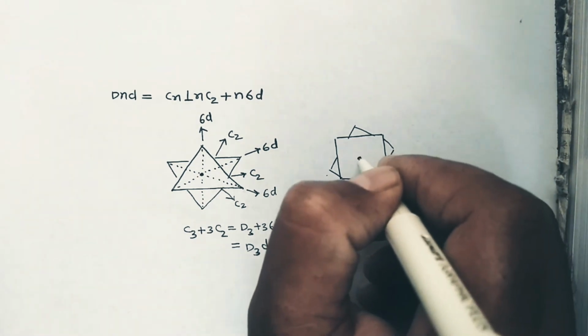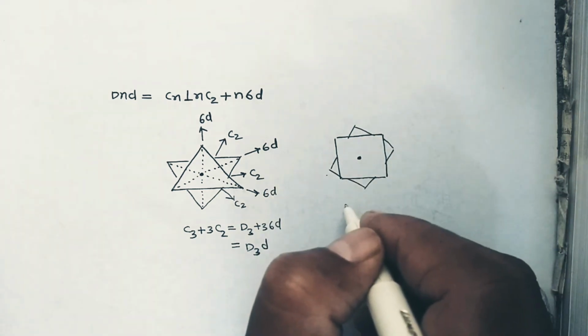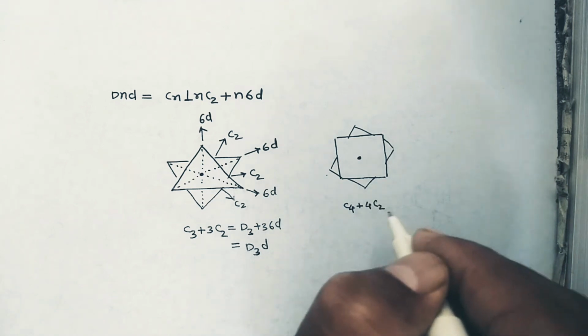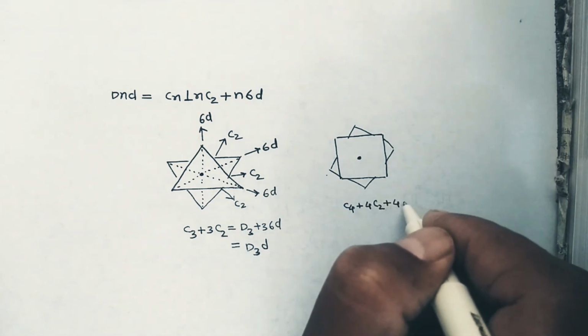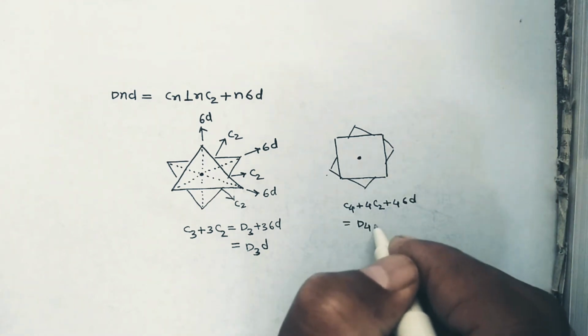So this is the center of gravity point and there are 4 C4 axis plus 4 C2 axis plus 4 sigma d. Therefore the point group is D4d.